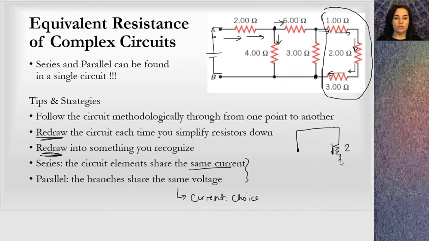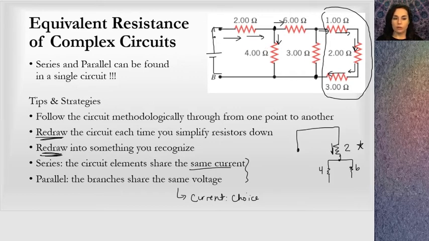And when I redraw this on the page, I would draw the 4 here and the 6 over here, and notice that these are in parallel. They're not drawn that way to seem in parallel on this circuit representation up here, but when I redraw it, and that's the purpose of redrawing it, is to redraw it into something that makes more sense, and you can see series and parallel easier than with whatever you were given.